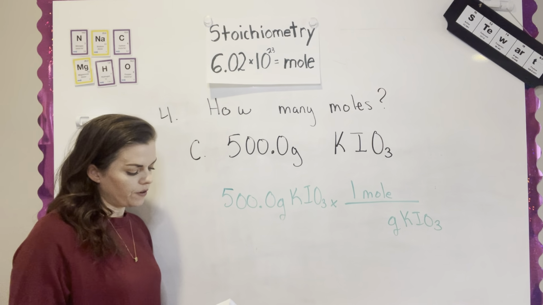So if I have 100 moles of CH4O, moles of CH4O goes on the bottom, and moles of O2, what I'm looking for, goes on the top. There's not a coefficient here, so it's an understood 1, and there is a 2 in front of the CH4O. So these react in a 1 to 2 ratio. It's 100 times 1 is 100 divided by 2, so you would get 50 moles of O2.